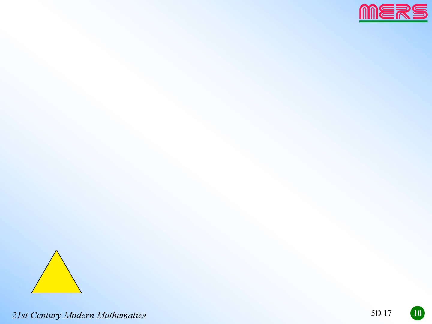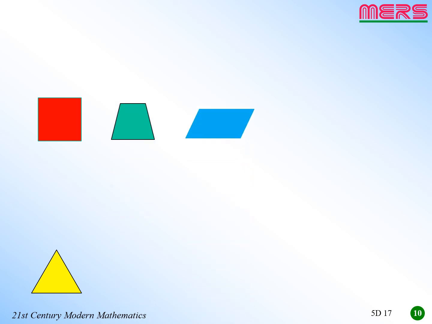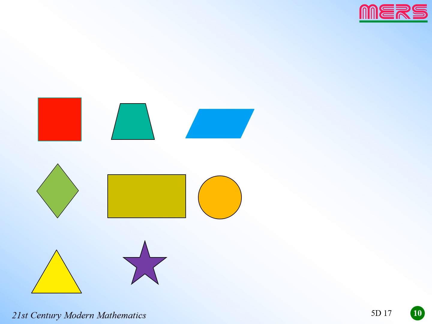The 2D shapes with 4 sides are the quadrilaterals. They are the square, trapezium, parallelogram, rhombus, rectangle. The 2D shapes also include circle, star, and the pentagon, as well as all the other polygons.